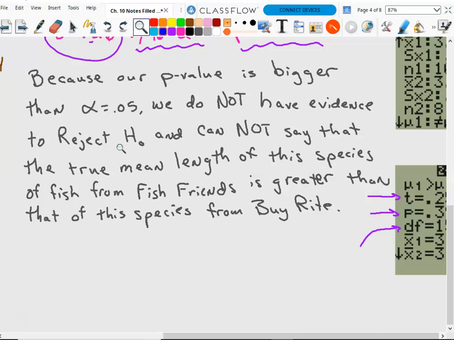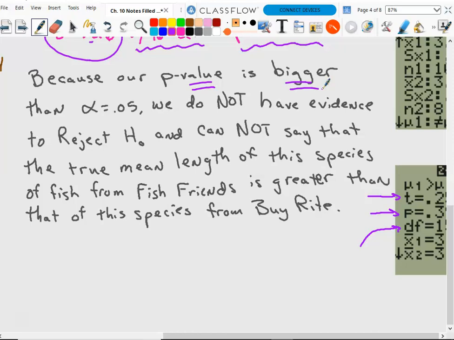And I want to emphasize, I had some good questions today. Don't just say using an alpha 05 level or using an alpha 01 level. You've got to actually compare your p-value being bigger or smaller. If you just say using, they don't know if you know what that really means.